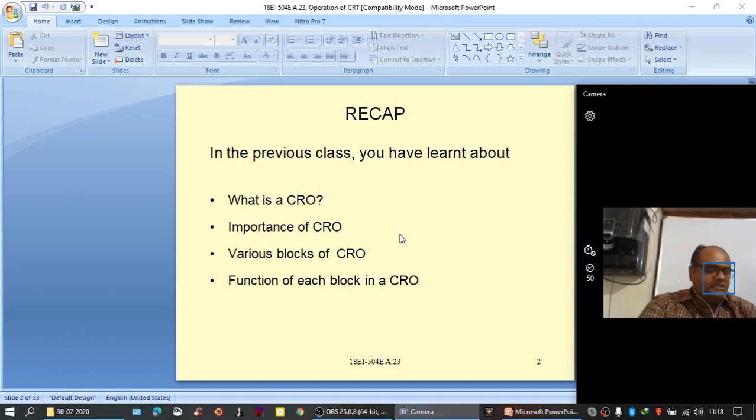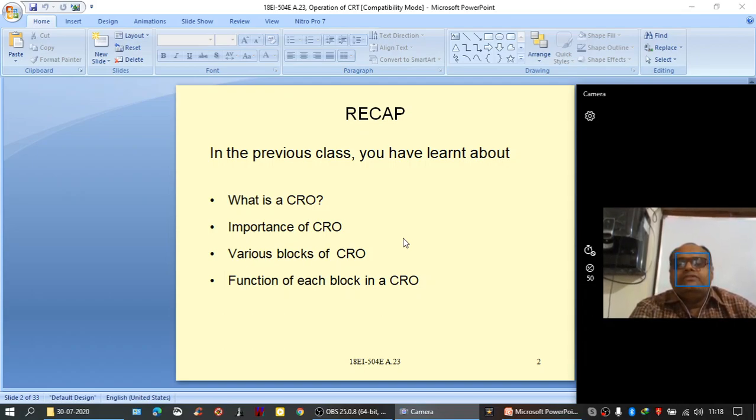All these parameters can also be measured using CRO, provided we use appropriate transducers. All these non-electrical parameters should be converted into equivalent electrical parameters before they are applied to CRO.